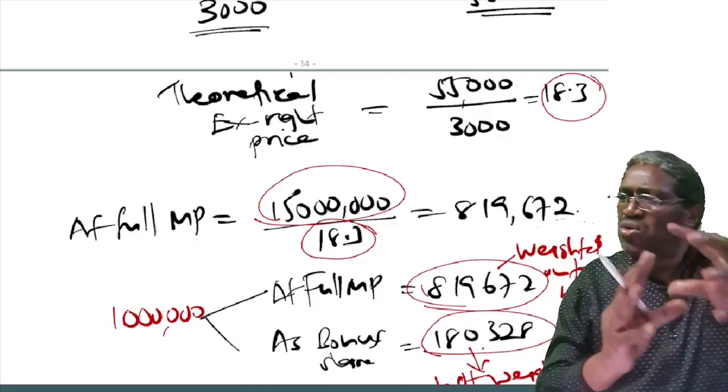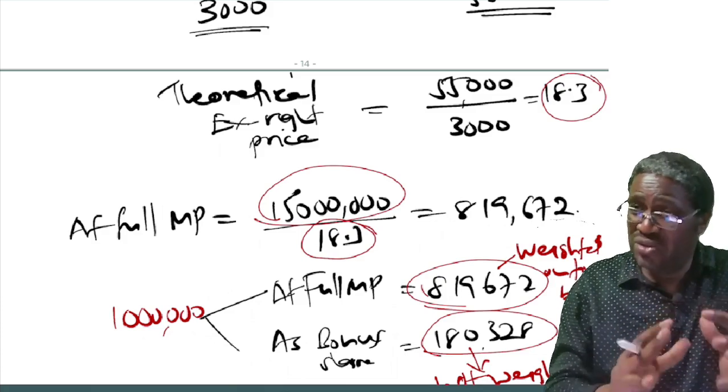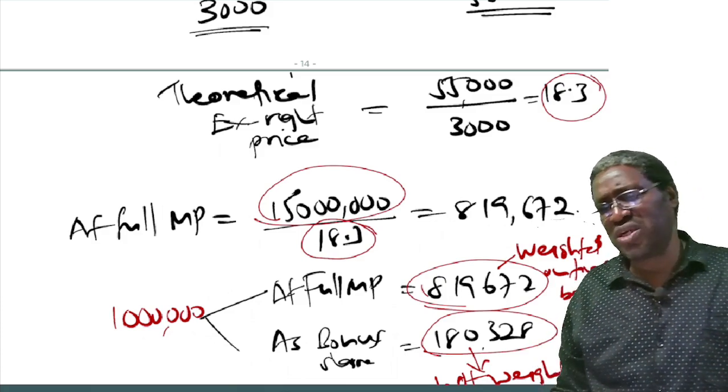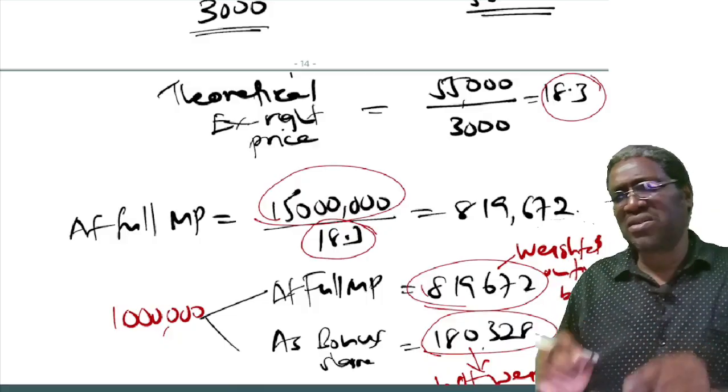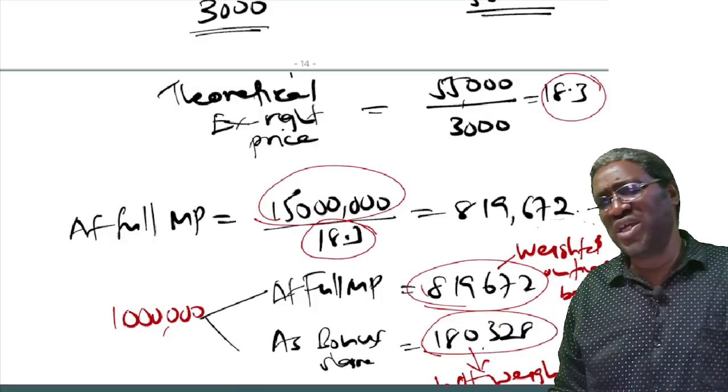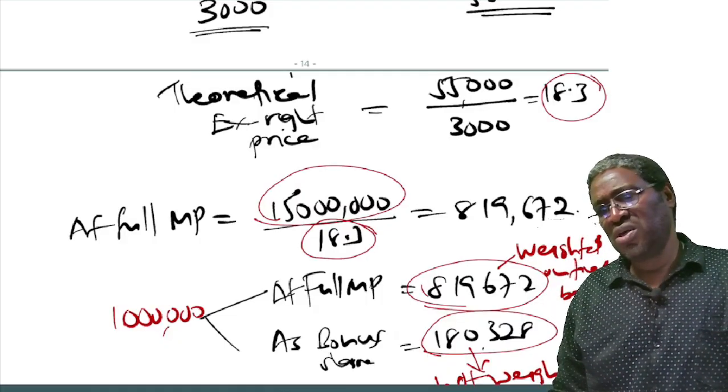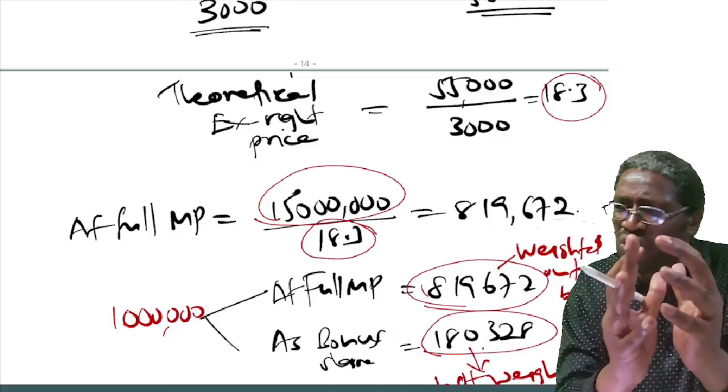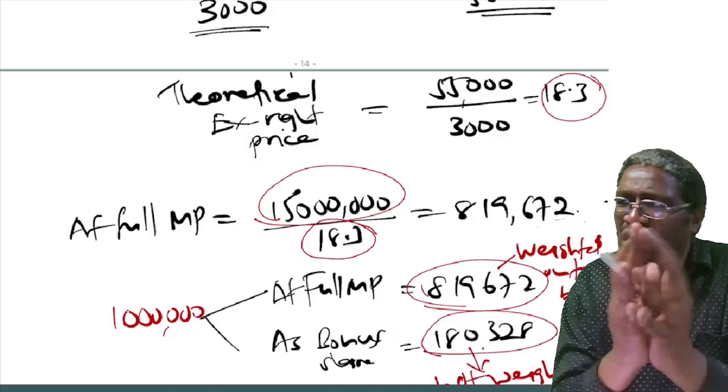So if they were to go to the stock market with their 15 million, they can't buy 1 million shares because we expect the prices to go down to 18.3. So this 15 million, if they were to go to the stock market, they will buy how many shares?